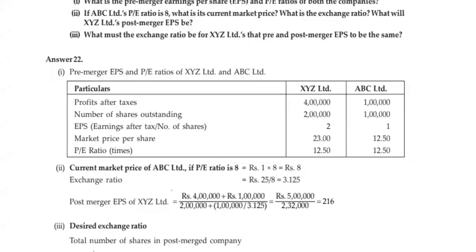So out of that, divided by 8, which we just found as the current market price. The answer we get is 3.125. This we can call the exchange ratio.